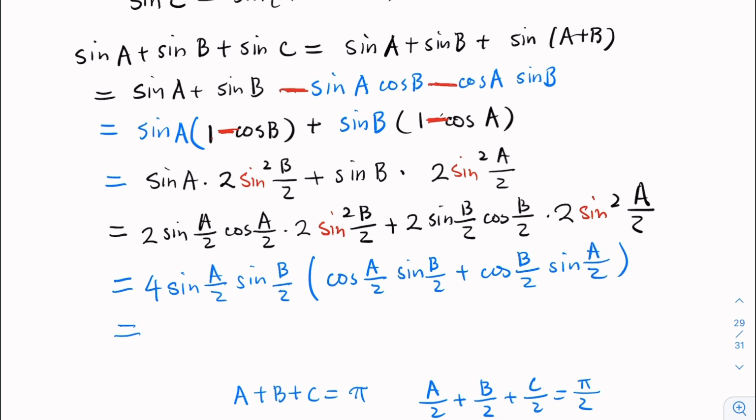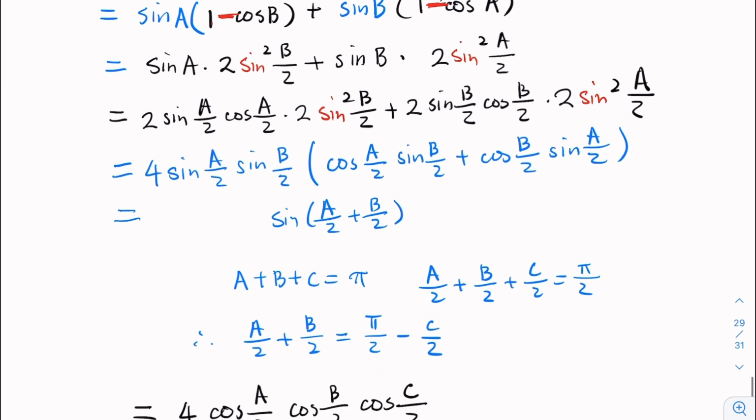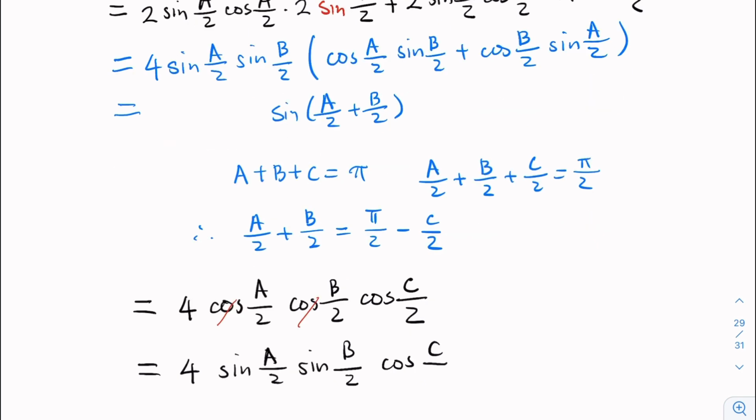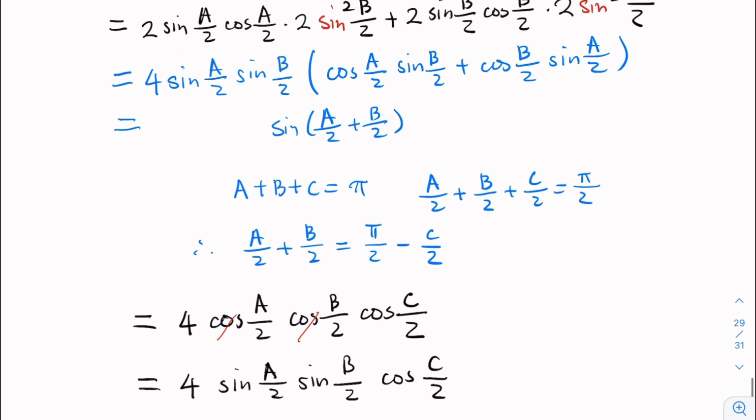This quantity here is sine of A over 2 plus B over 2. Same reasoning as earlier, so this part is going to equal cosine of C over 2. However, the other factor changed from cosine to sine. Okay, so that's the proof.